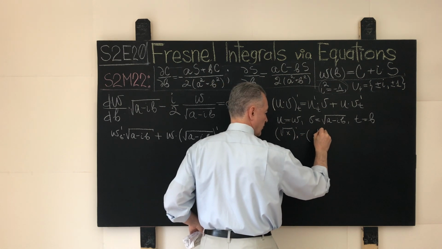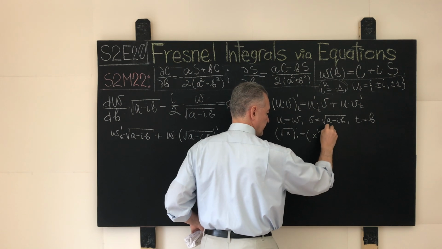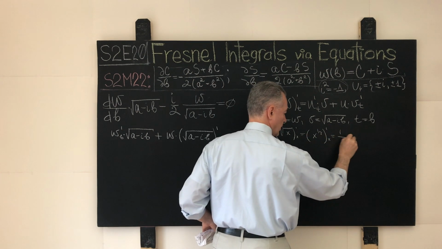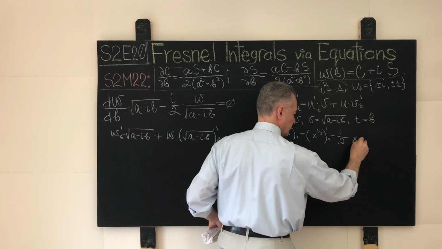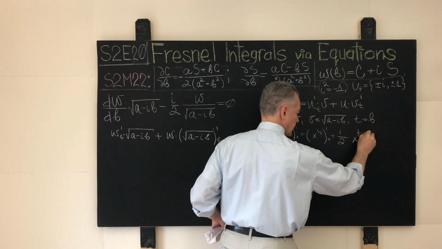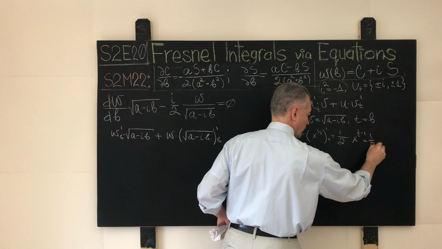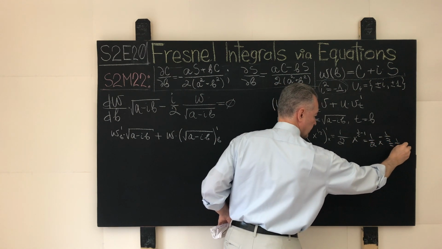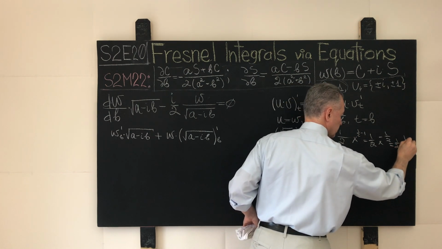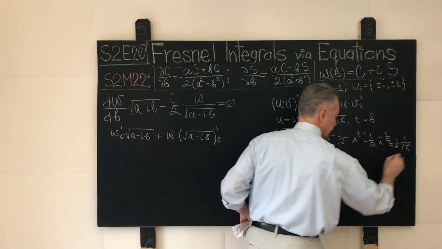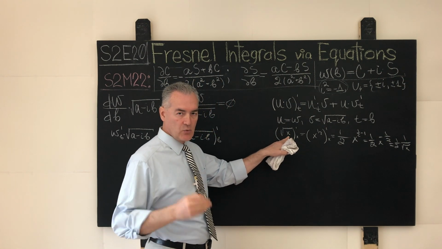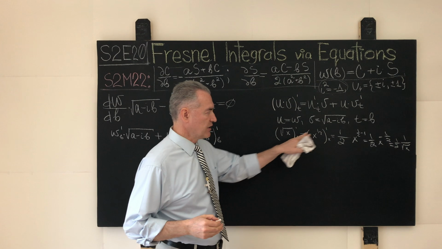The derivative of x raised to the power 1/2, then 1/2 goes down, 1/2 times x to the power 1/2 minus 1 equals 1/2 times x to the power minus 1/2, which is the same as 1/2 times 1 over square root of x.